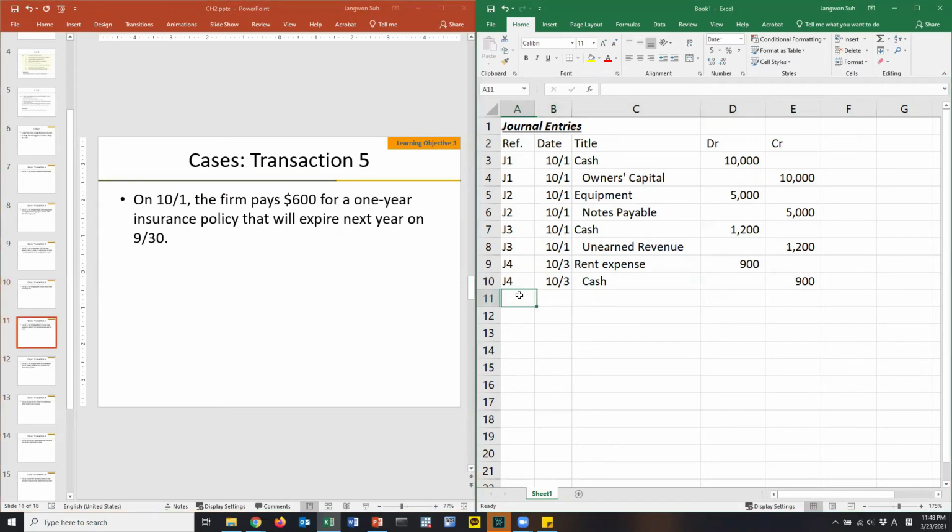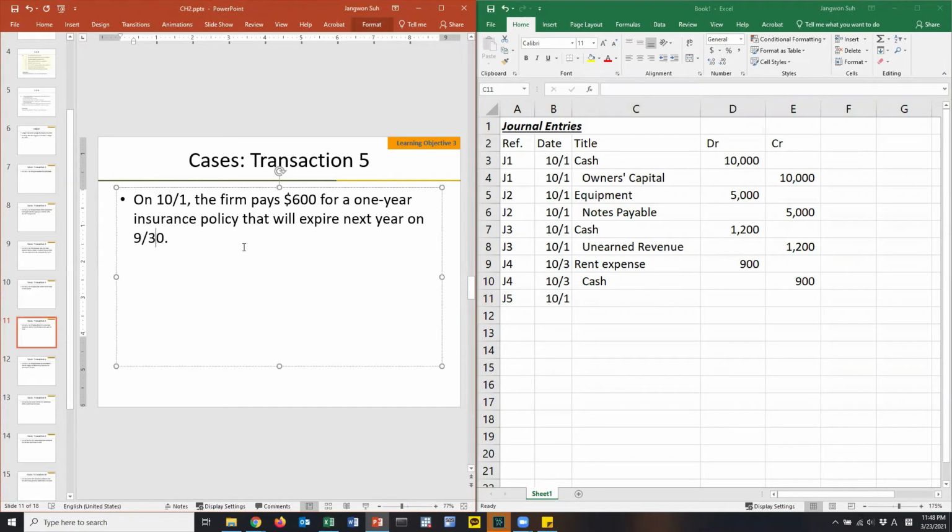And then J5, the date. The firm pays 600 for a 1-year insurance policy that will expire next year on September 30th. What is said is you pay out cash. So cash is decreasing.